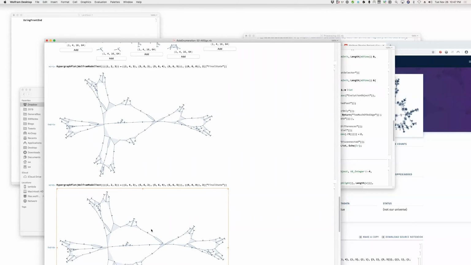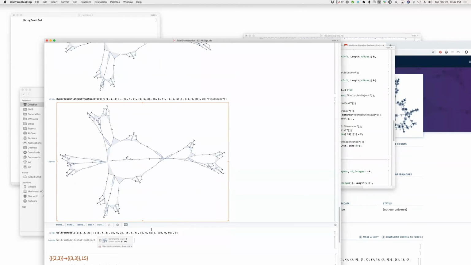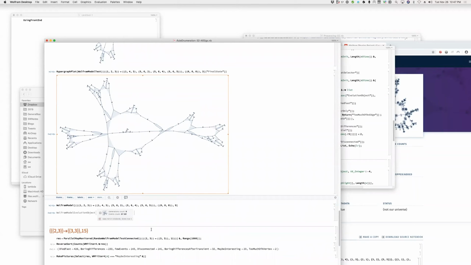Well, no. Can you run the same function without final state and see what it does? I did. It's down here.